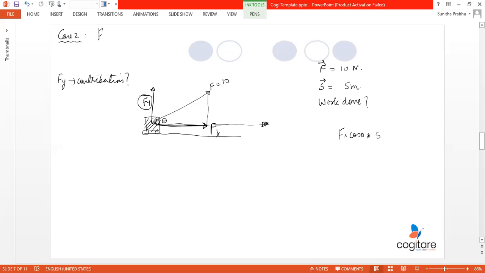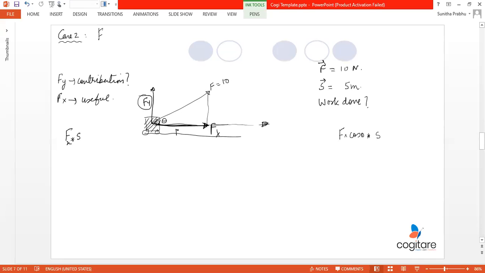The only force that is actually playing a part in doing meaningful work is Fx. So work done is nothing but Fx into S, because Fx is the useful force. F along X is what is actually contributing to the displacement.